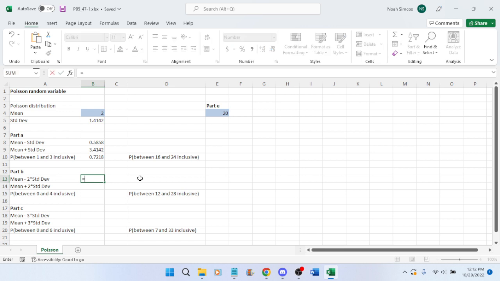B2 minus 2 times the standard deviation. And it's going to be a negative number, so if it's negative, just do 0.